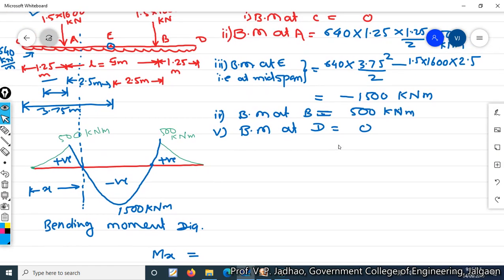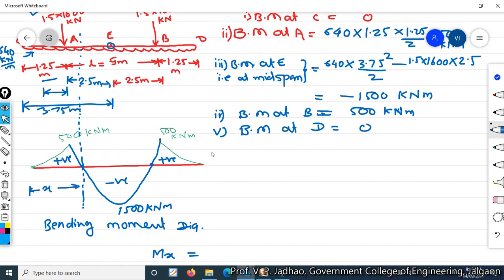Now how we can write this equation for bending moment? The bending moment at this location, let us consider this as F point. The bending moment at this point F will be bending moment due to this uniform upward soil pressure, plus bending moment due to this 1600 kilonewton column load.